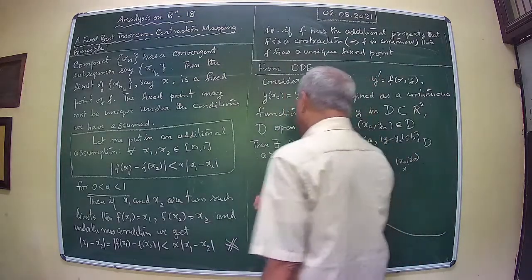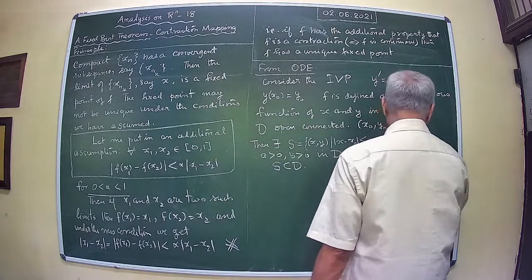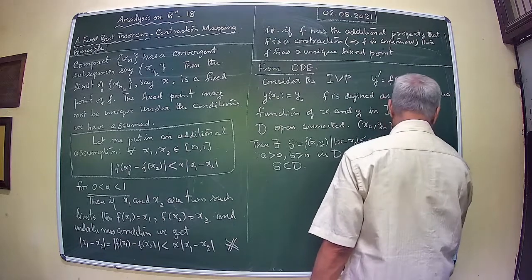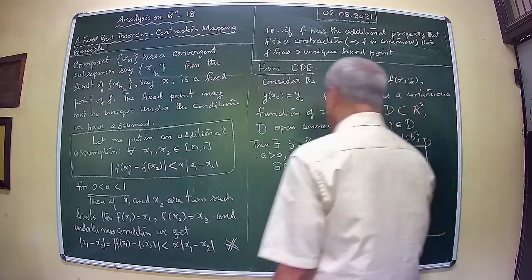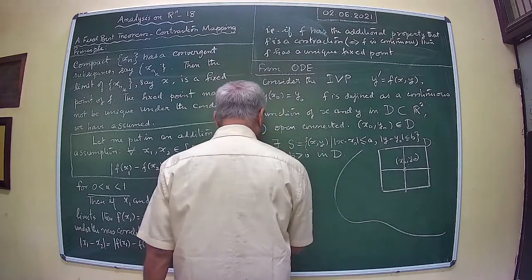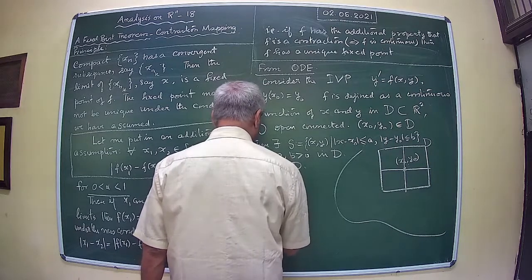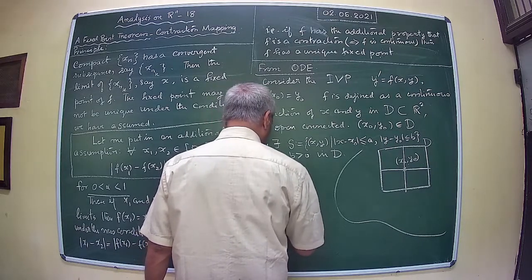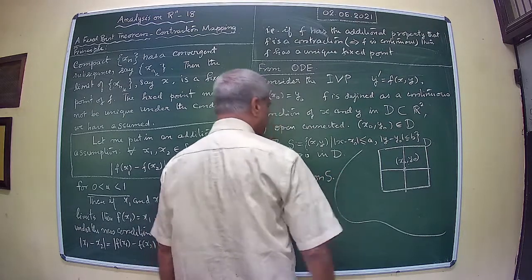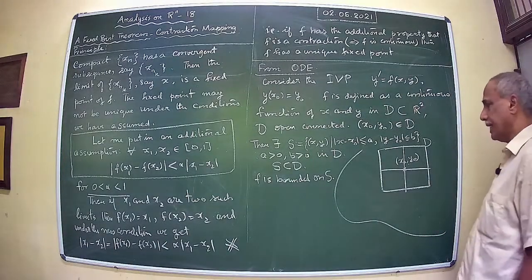Now what more you have? Now you choose H. F is bounded on S. S is a closed compact rectangle.